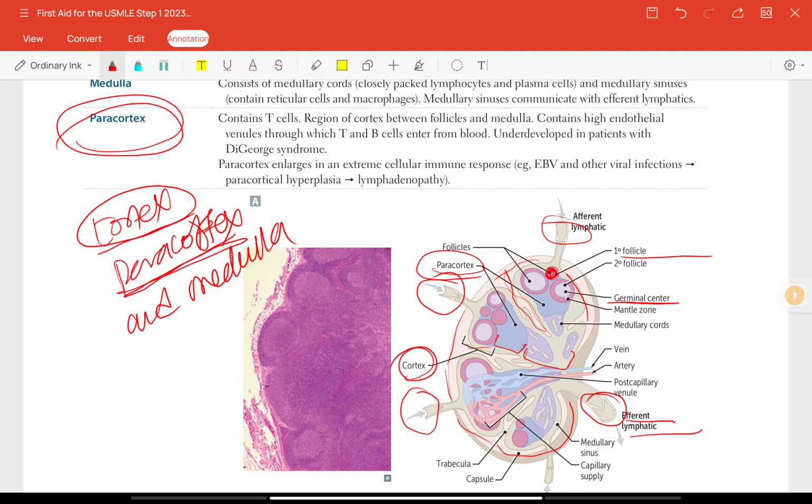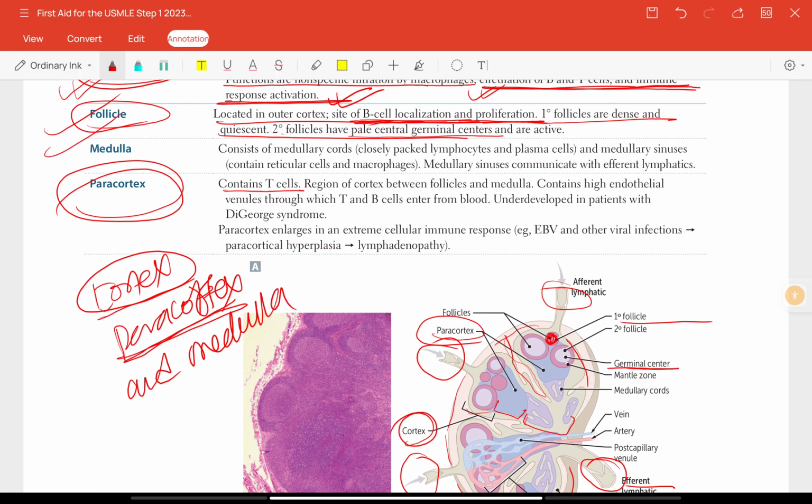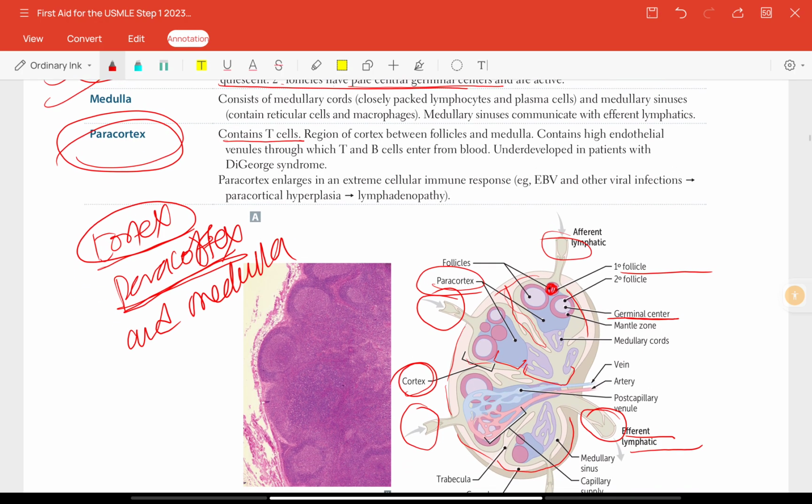Now talking about the paracortex. The paracortex contains T cells. Here we have talked about follicles consisting of B cells, localization and proliferation. Likewise, the paracortex contains T cells, a region of the cortex between the follicles and medulla. So the paracortex is in between the cortex and medulla.